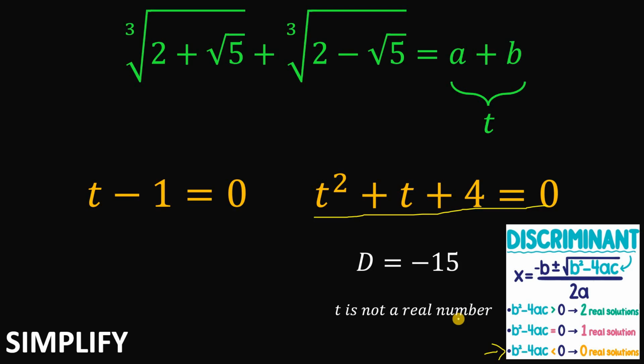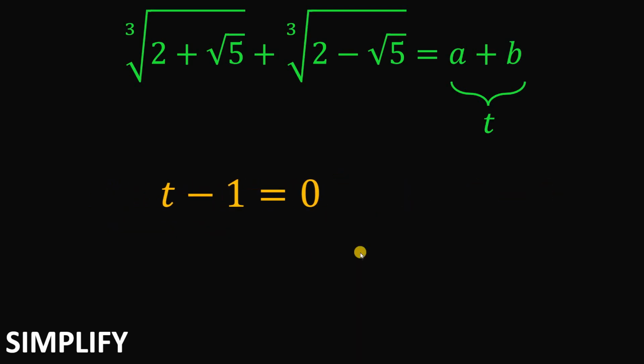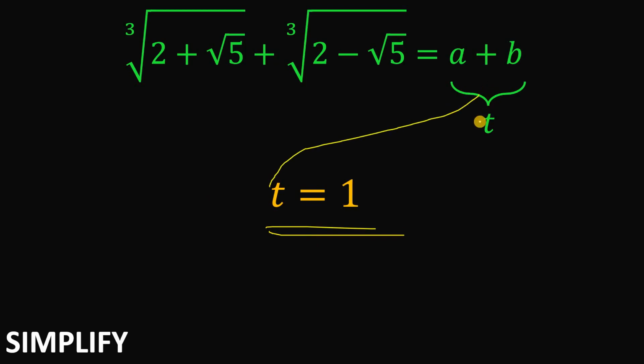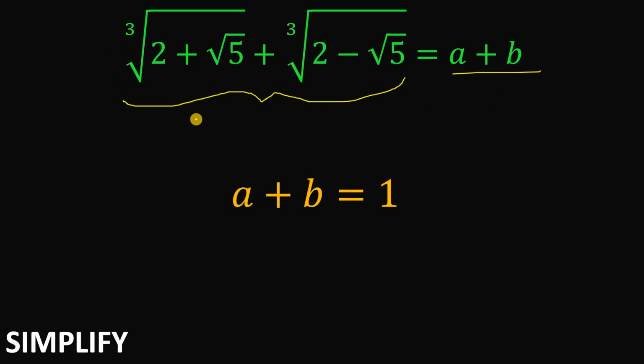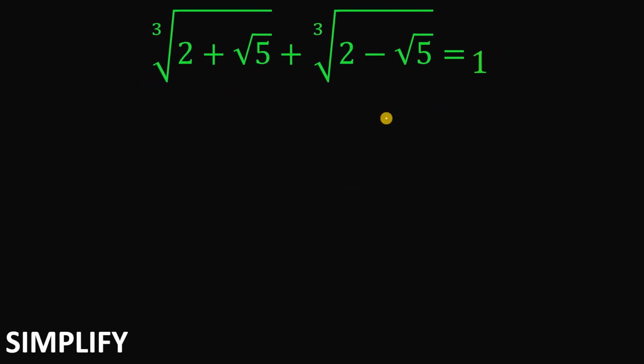Therefore, the only equation that will give us a real value of t must be the first equation, t minus 1 equals 0. Solving for t, add 1 on both sides, we get that t equals 1. Take note, this t is just the value of a plus b, and this a plus b is the value of the entire expression, cube root of 2 plus square root of 5 plus cube root of 2 minus square root of 5.